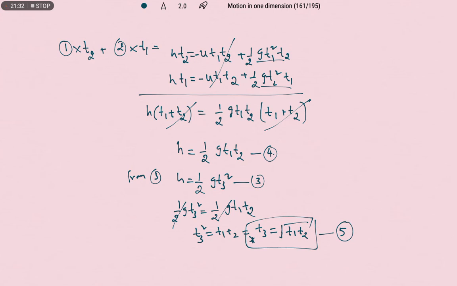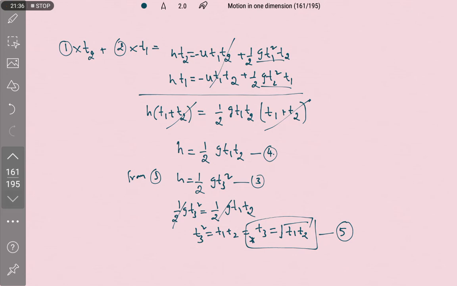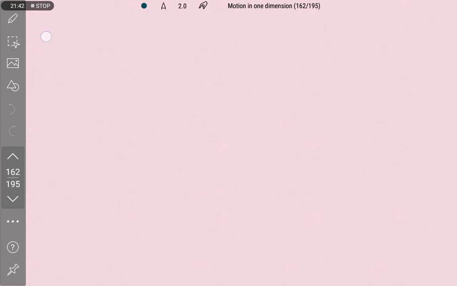Okay, now let us find out the time difference between object A and B on reaching the ground.